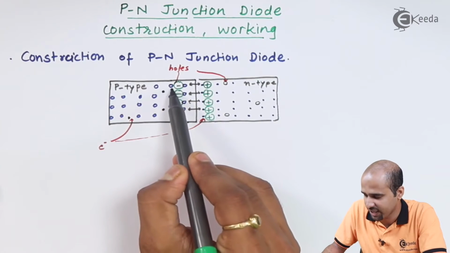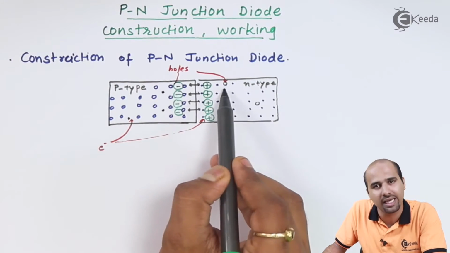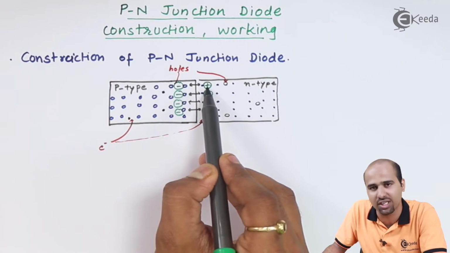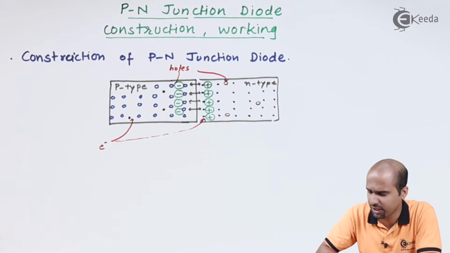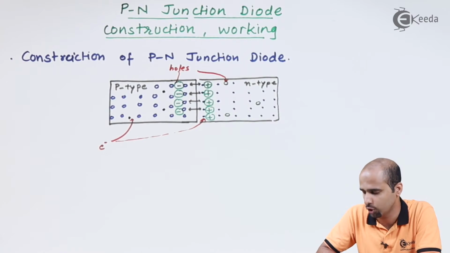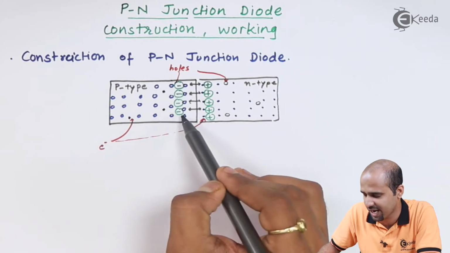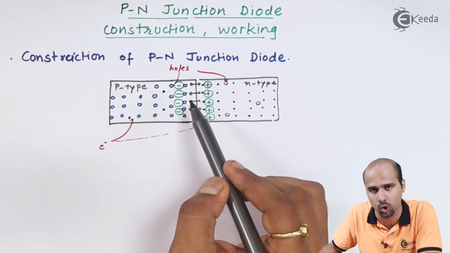Even if these holes try to move themselves towards the N type, these positively charged ions will resist. So electrons which have a sufficient amount of energy to cross the barrier of these ions, only those electrons will recombine with the holes, right?